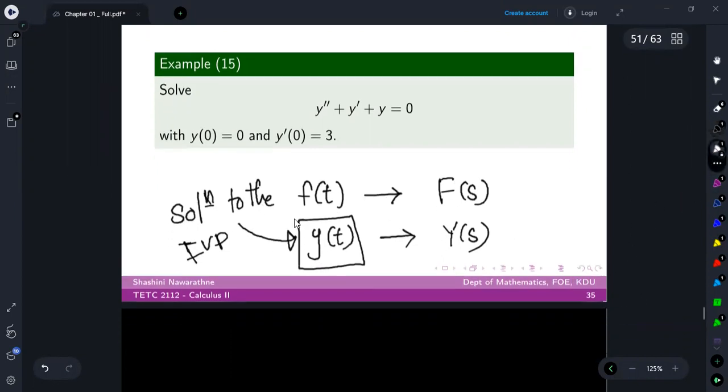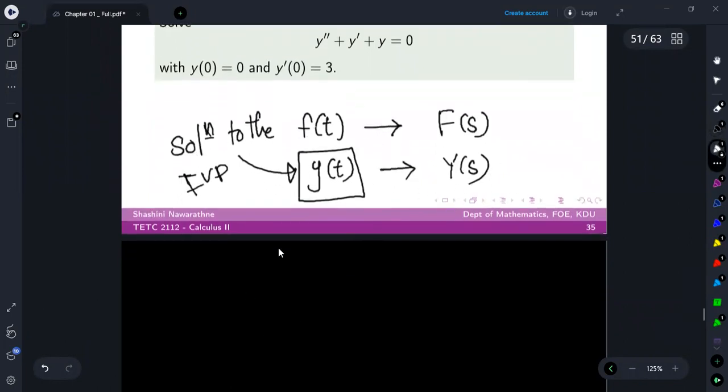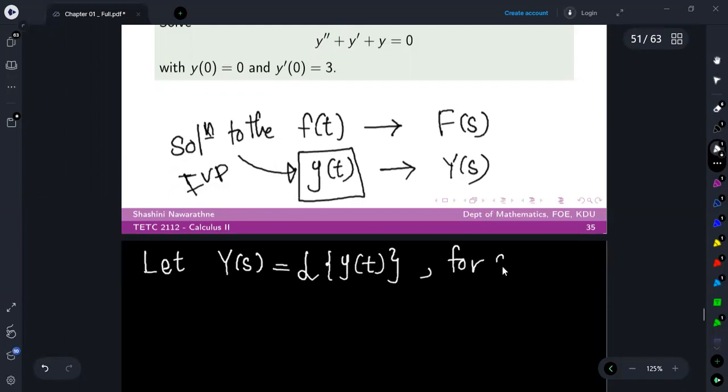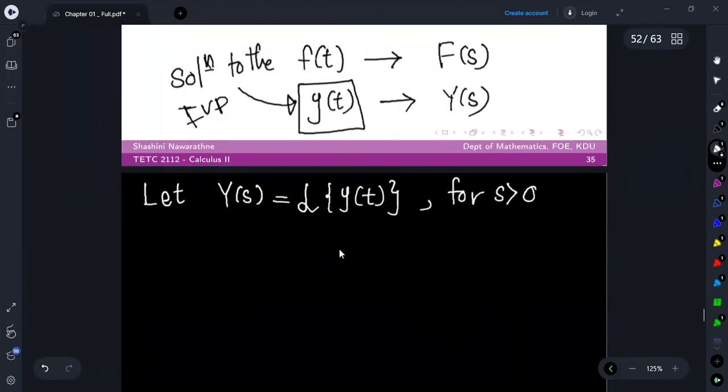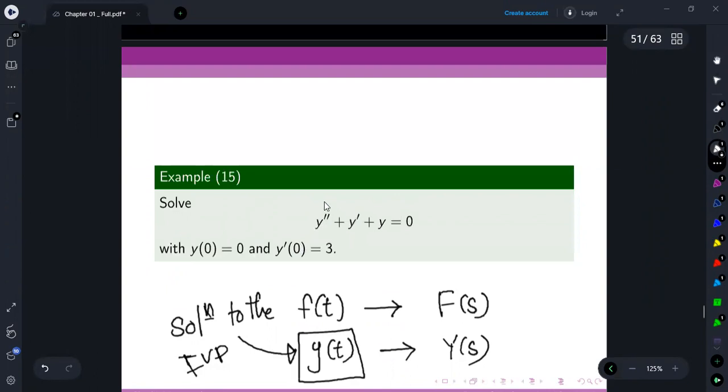Starting from here, the first thing we need is to define the function. Let capital Y of s be the Laplace transform of y of t, for s greater than 0. Once we have defined this, we are going to take the Laplace transform of both sides of this equation.